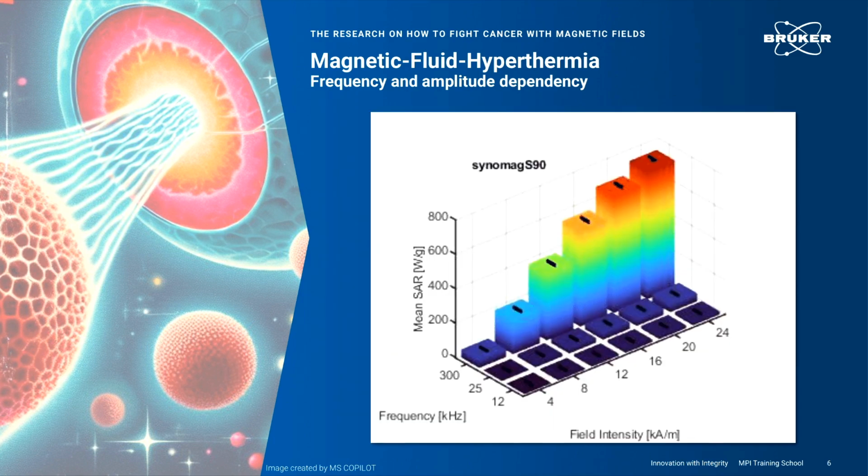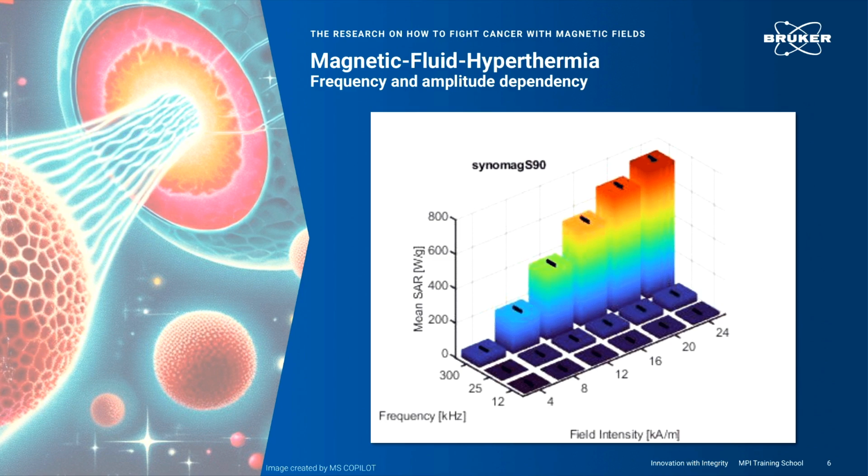If we plot this over the very same data as I have shown already, about the frequency and the amplitude, you see for low frequencies, so 12 and 25 kilohertz, they do not respond in a very strong way in terms of hysteresis, while for high frequencies, the 300 kilohertz, the SAR, so the area under the curve, is going through the roof.